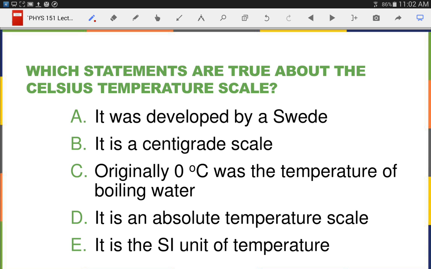With that in mind, which statements are true about the Celsius temperature scale?